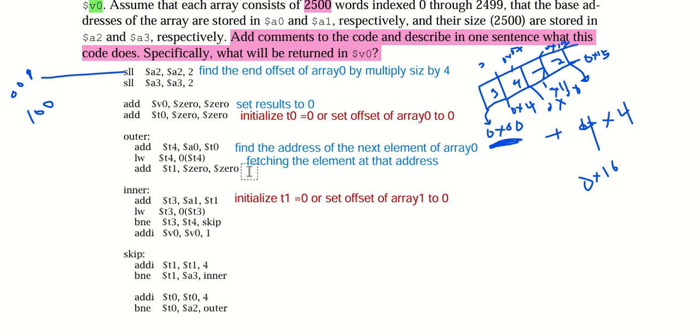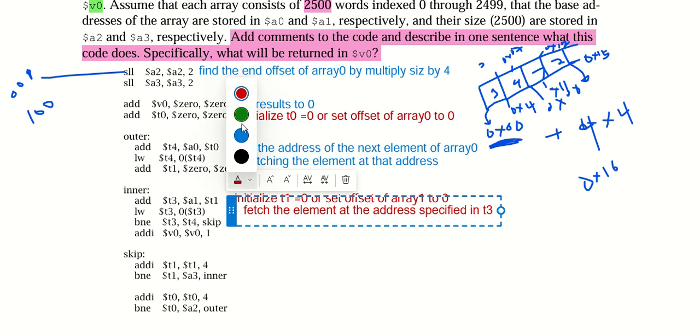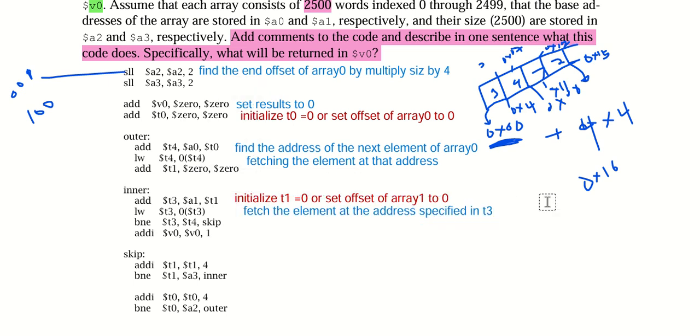So we can just type it like: fetch the element at the address specified in T3, right? I know maybe my comments may not be very descriptive, so we'll need to come over it again, but for now, let's make use of this.